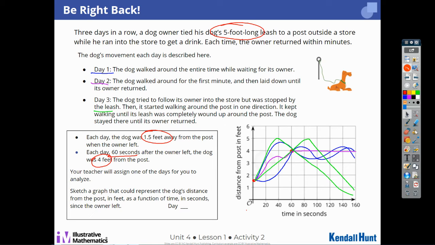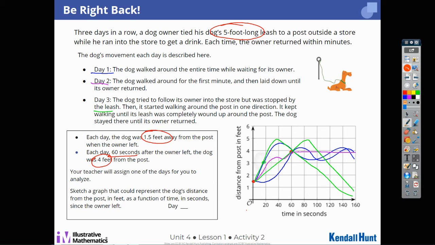So at 3 feet, if that was now my x-axis, so I've just turned it, this line is at 3 feet at like 18 seconds and about 90 seconds.